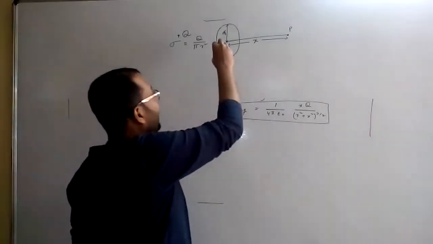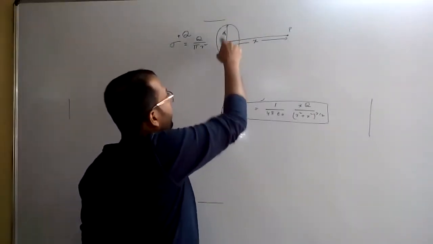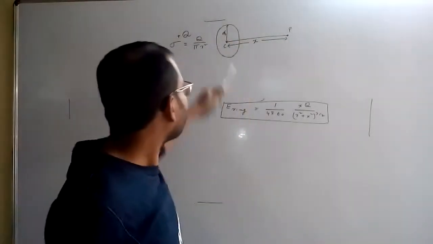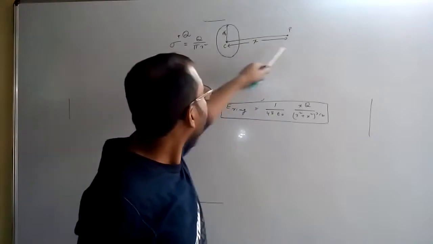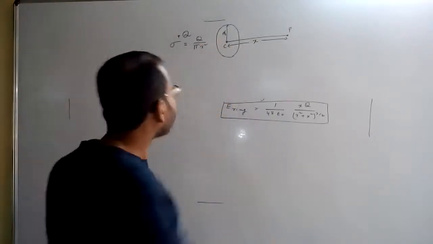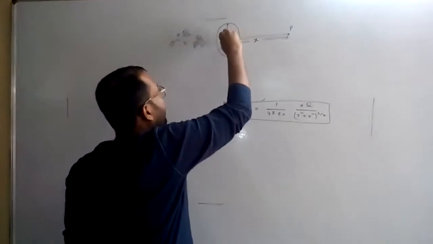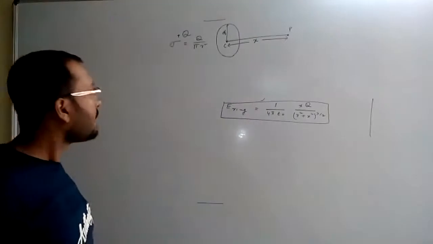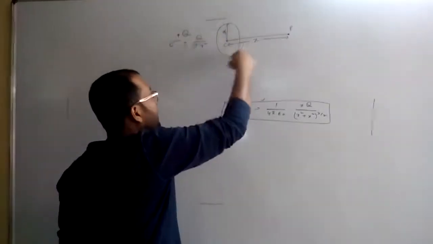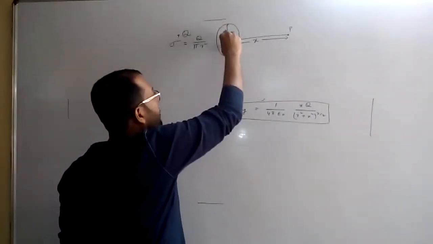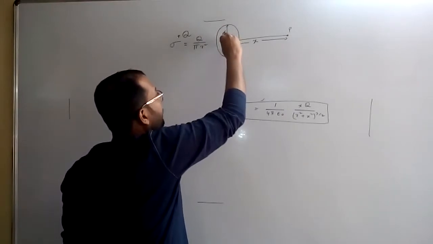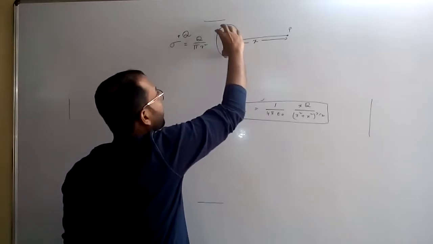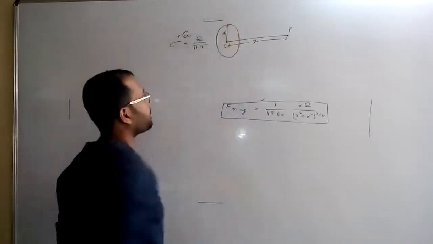And if we can calculate the electric field due to one of those rings at this point, then we can use the technique of integration to calculate the electric field at this point due to the entire disk, imagining this disk to be made up of many infinitesimally thick concentric rings. So you can imagine this disk to be filled up with many concentric rings until you start over here and you go on creating those concentric rings until you reach the edge of the disk.